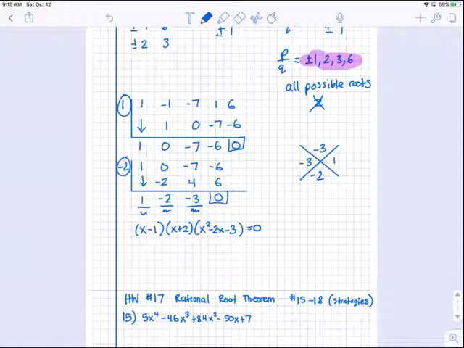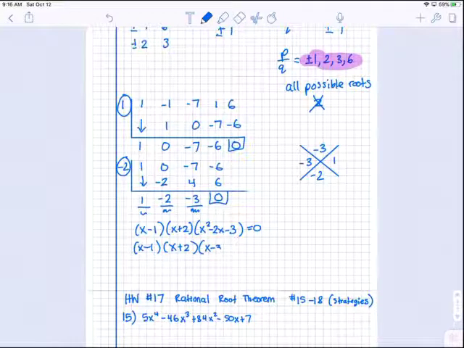And luckily, since our a value, the leading coefficient, is equal to 1, we just know these are going to be the factors of that trinomial. So x minus 1, just rewriting these two, x plus 2. And now we have x minus 3, which comes from here, and then x plus 1, which comes from here. And all of that is equal to 0.